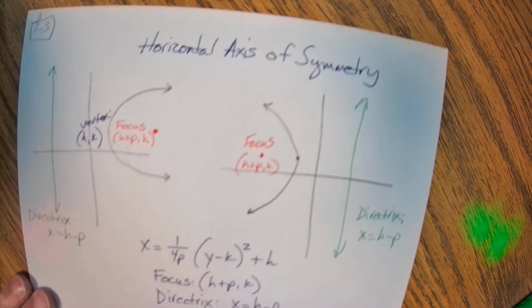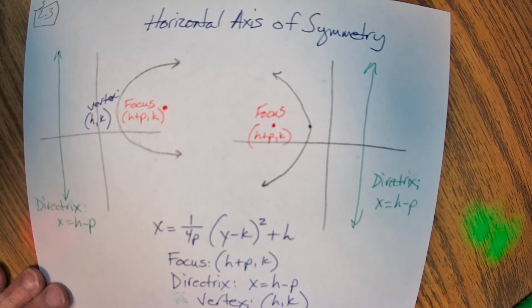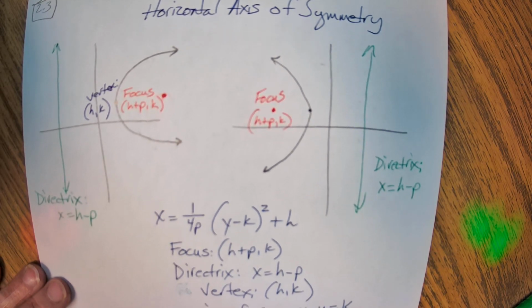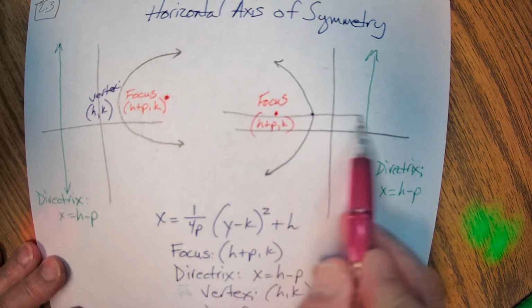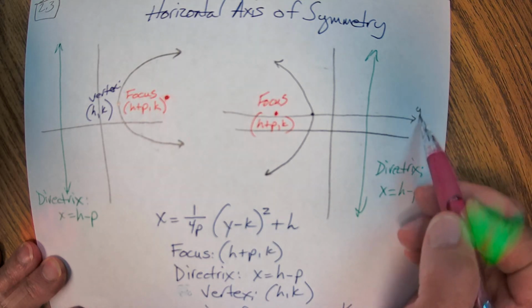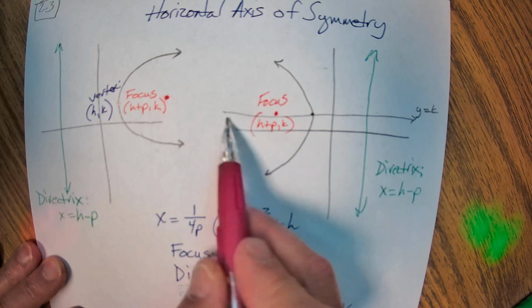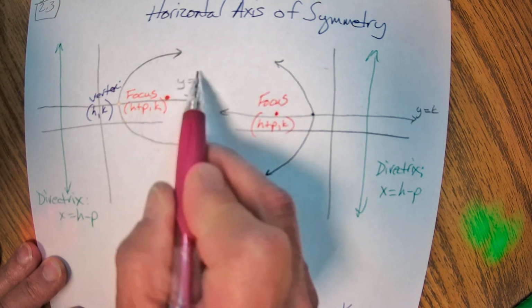And then when you're done with that, this is the one with a horizontal axis of symmetry. Sorry about that. And the axis of symmetry on these, so there's the axis of symmetry, and obviously the equation for that is y equals whatever k is.